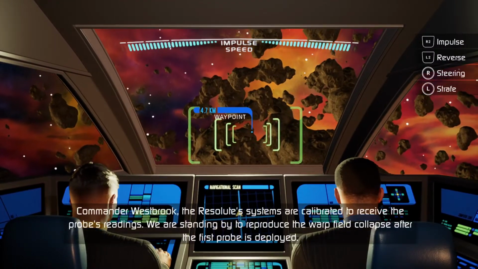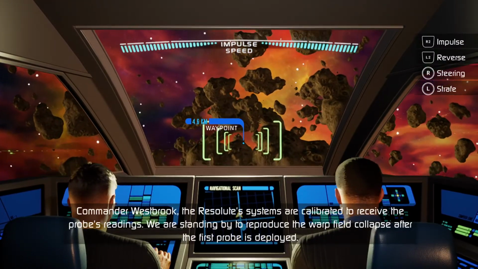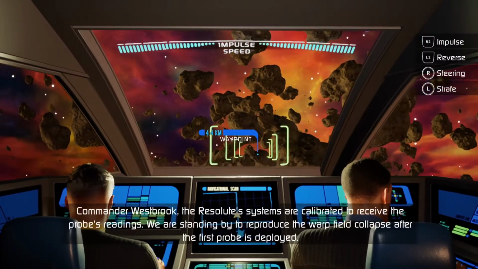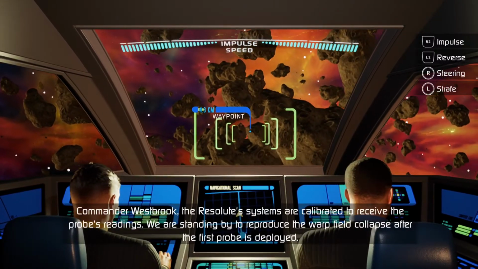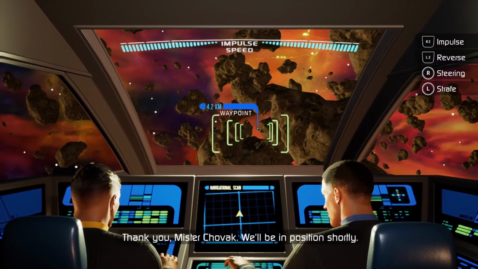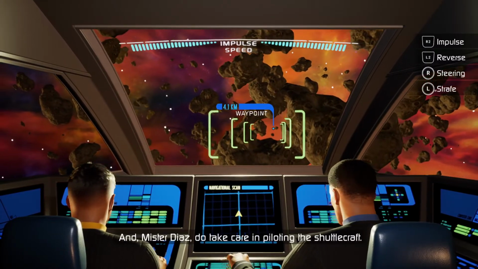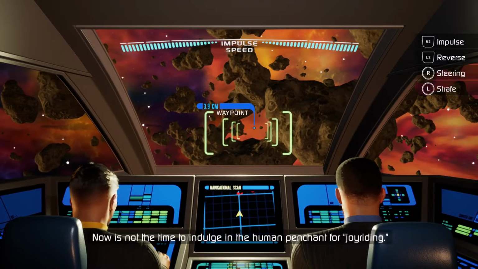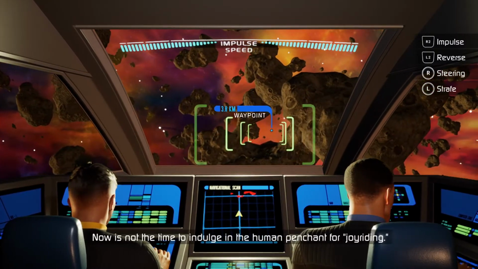Commander Westbrook, the Resolute systems are calibrated to receive the probe's readings. We are standing by to reproduce the warp field collapse after the first probe is deployed. Thank you, Mr. Chovak. We'll be in position shortly. And, Mr. Diaz, do take care in piloting the shuttlecraft. Now is not the time to indulge in the human penchant for joyriding.